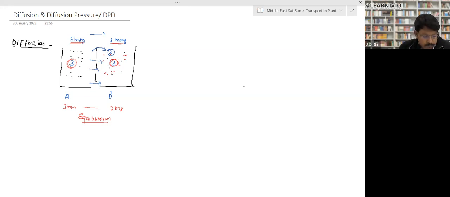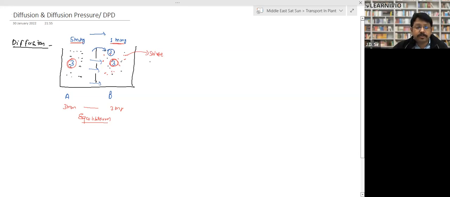Full stop. Its diffusion pressure gets lowered by the addition of solute particles. Full stop.